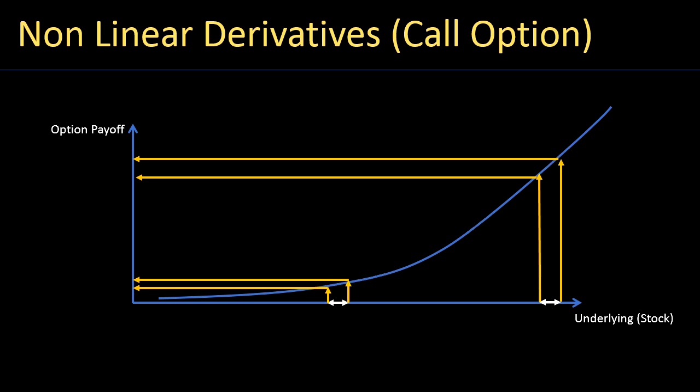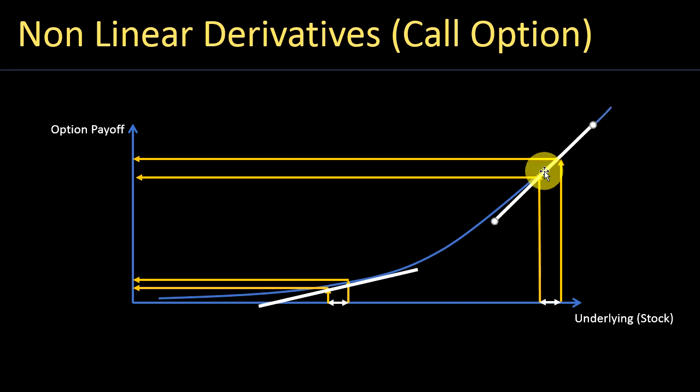Let me just show it to you. Let's assume the slope of the curve is something like this. Now you can see the slope of the curve here and the slope of the curve here is quite different. It's not the same slope.